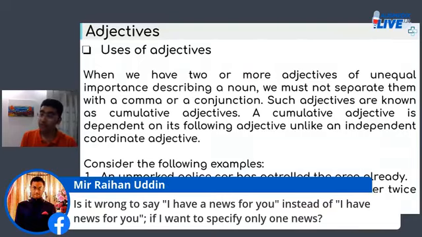Okay? Also, you could say, I have a piece of news for you, or I have a piece of information for you, or I have a piece of advice for you. So advice, news, information, these are all uncountable nouns. And articles do not precede uncountable nouns. A or an, specifically, the indefinite articles do not precede uncountable nouns. The definite article the can be put before uncountable nouns, yes, as long as you want to be very specific about the uncountable nouns.